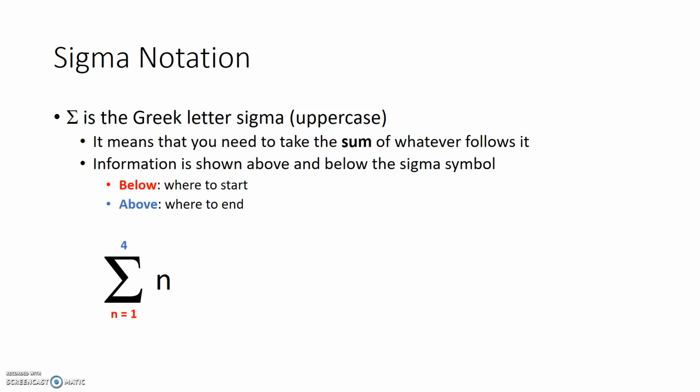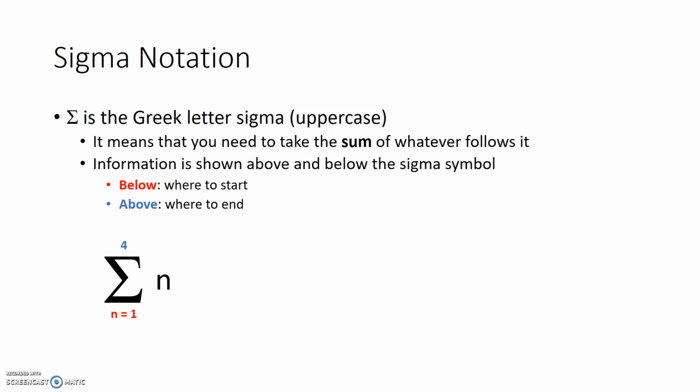And so if you paused, let's resume. So n equals 1, we just substitute 1 in for n, and that's just 1. So we take that, hold on to it. We substitute 2 in for n. So that's just 2, it's just n. So we've got 1, we've got 2, and you can see where this is going.